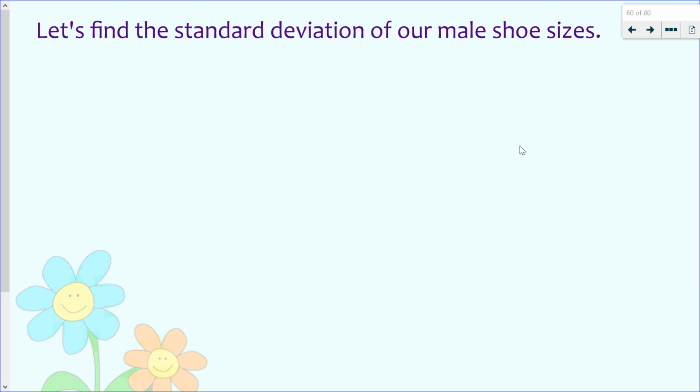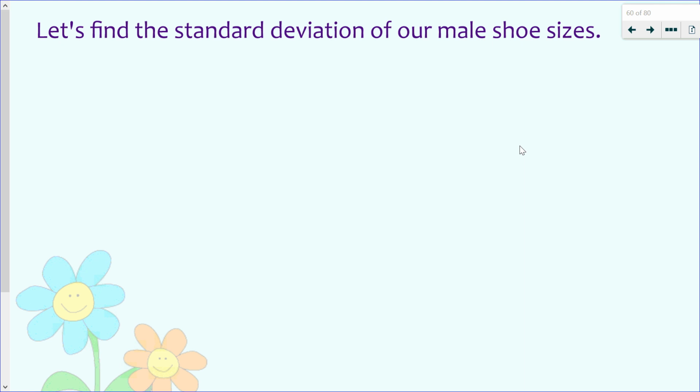We're going to poll ourselves on what our shoe sizes would be if we all had male shoe sizes. The reason we have to consider male shoe sizes is because if we were to all go to the shoe store and tell the person what shoe size we need, if we said male and female, that wouldn't be the same size. So we're going to create a table.